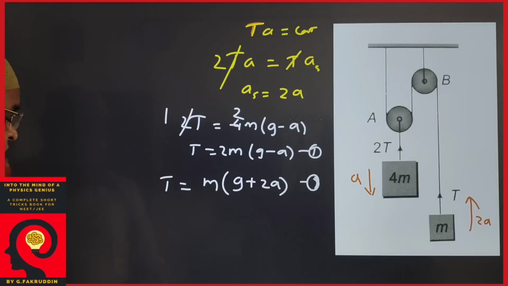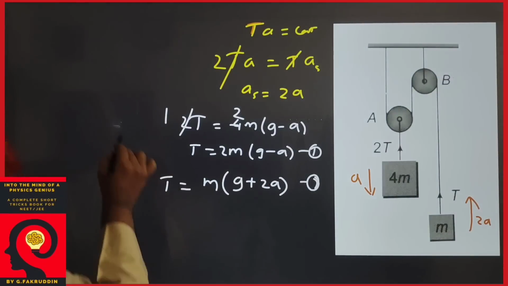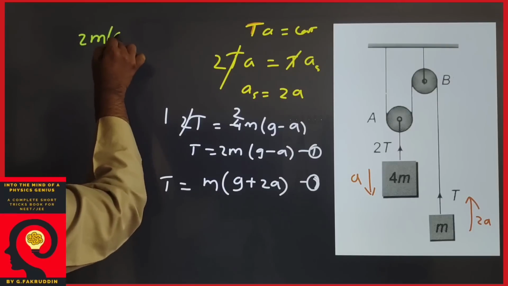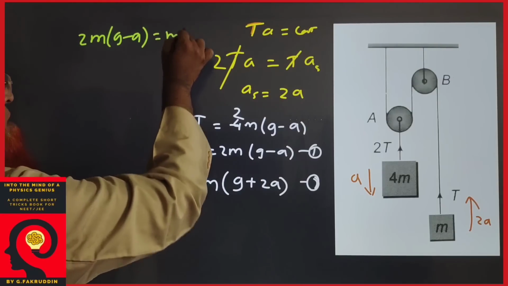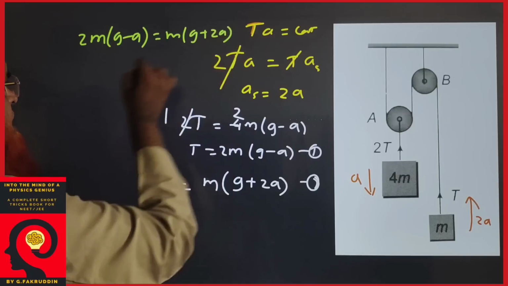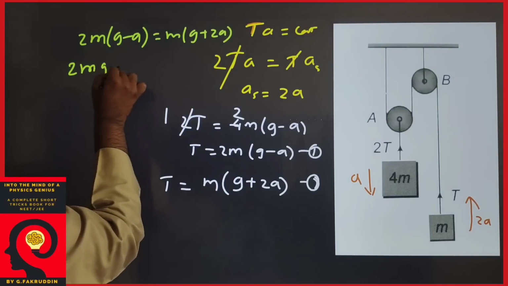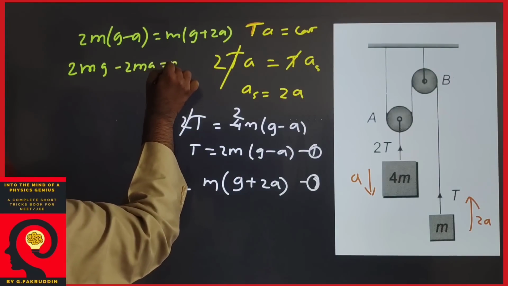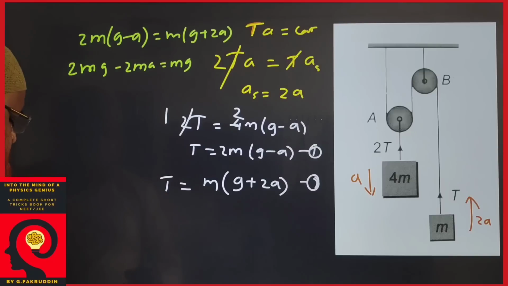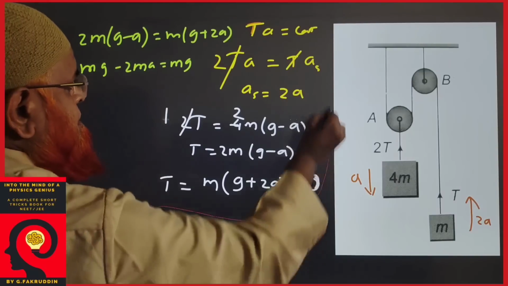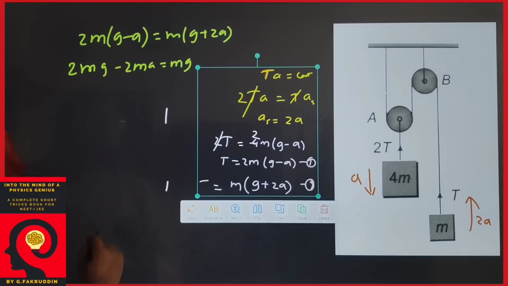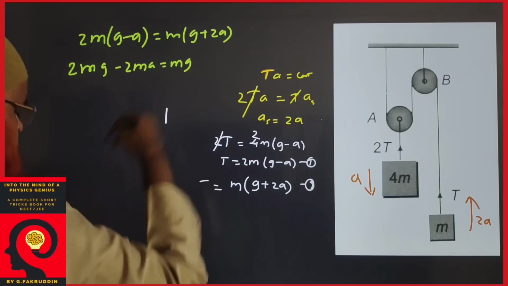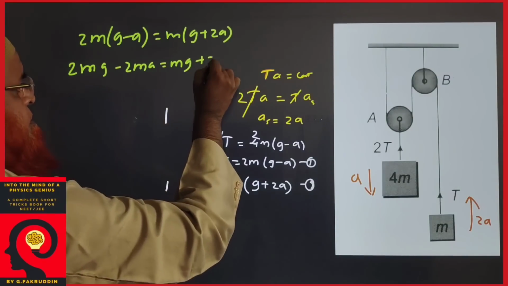That means you can write like this: 2m into g minus a is equal to m into g plus 2a. Now this is going to be 2mg minus 2ma is equal to mg plus 2ma.